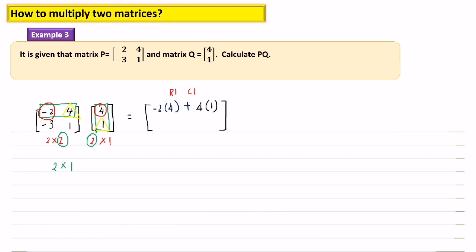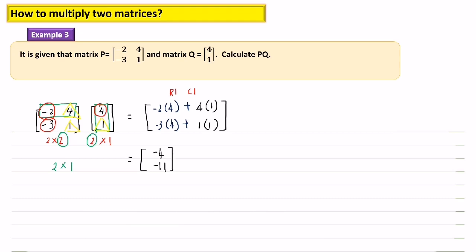So our answer also has one column only. Okay, so now we have second row, negative 3 times 4 plus 1 times 1. So the answer is negative 4, negative 11.